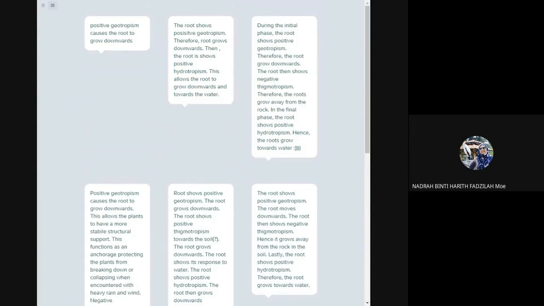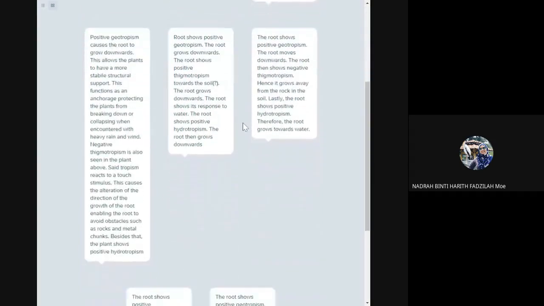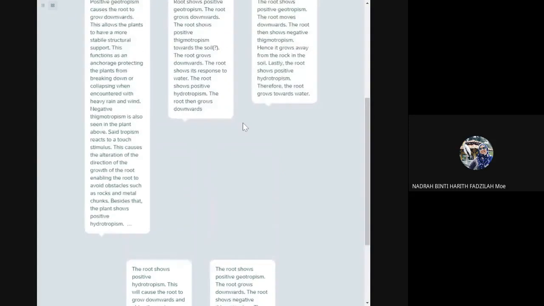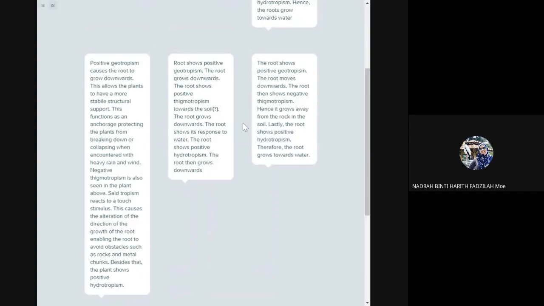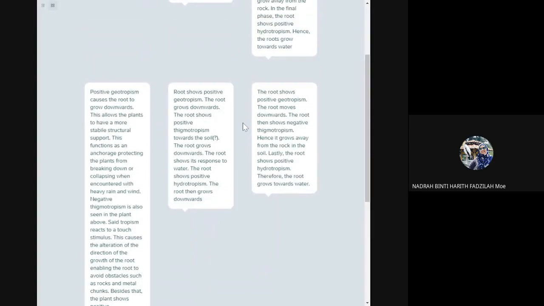Kita tak bincang pun pasal tropism lain ni. Tropism lain ni semua bincang dalam sains form 1 sampai form 3. So thankfully in your syllabus this different types of tropism ni diberikan penekanan yang lebih, so kita boleh compare between the different tropism. So these 6 points are the essential points.